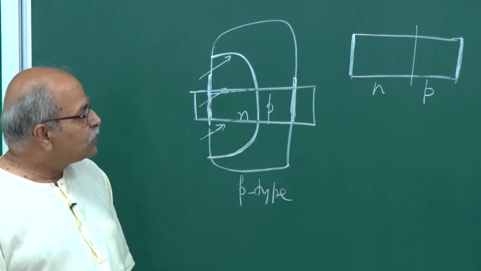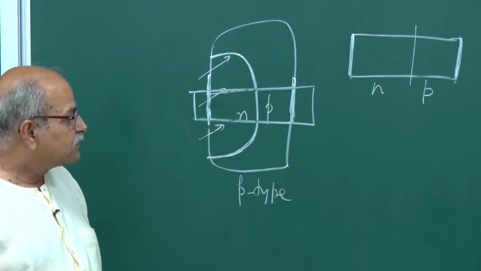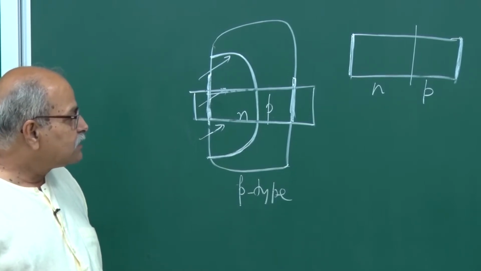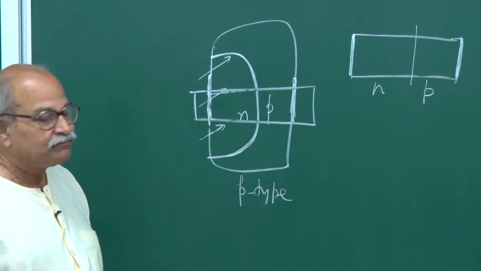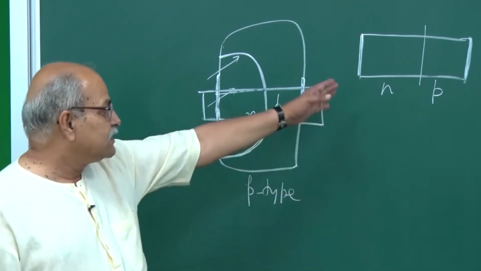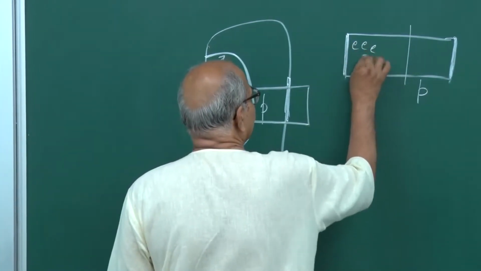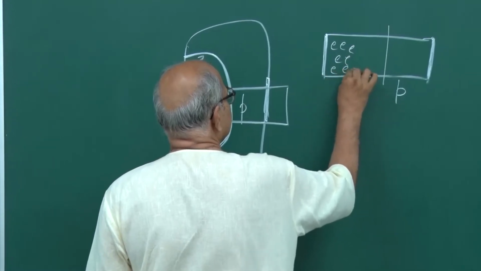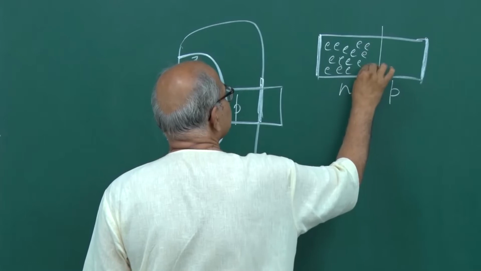Now, if you do create this kind of a p-n junction, it is an absolutely unstable situation, because this is n type. What does it mean? It has a large number of electrons, conduction electrons, because of those pentavalent impurities.